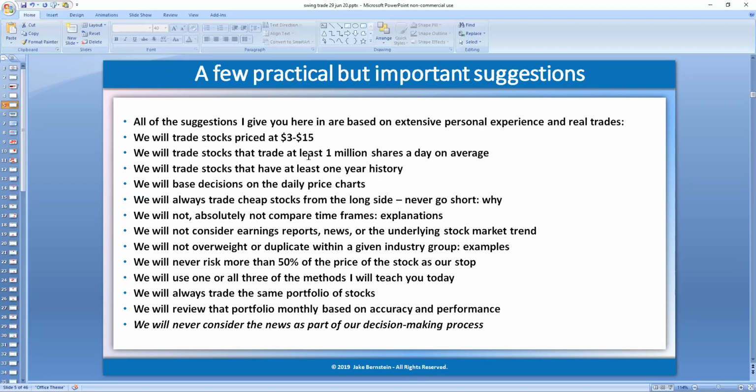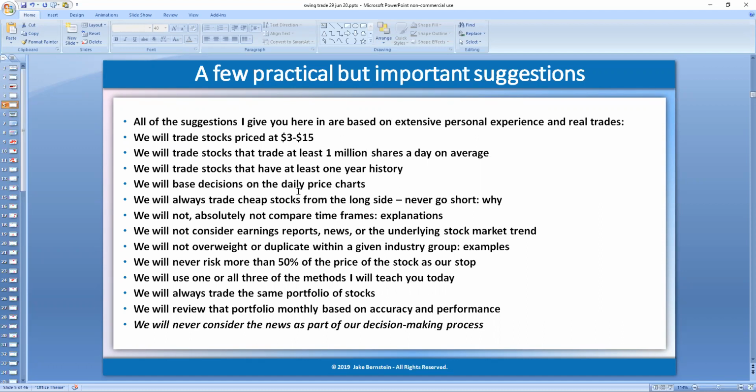But remember, you want to have at least 1 million shares a day, not because you're going to trade a 30 or 40,000 share position, but because you want to be able to move in and out of the stock quickly and easily without having to use limit orders or market orders that are going to get you into trouble with a bad execution. So all decisions are going to be based on the daily chart. We're only going to trade stocks that have at least 1 year of history. And by the way, all of these can be programmed into a scan.